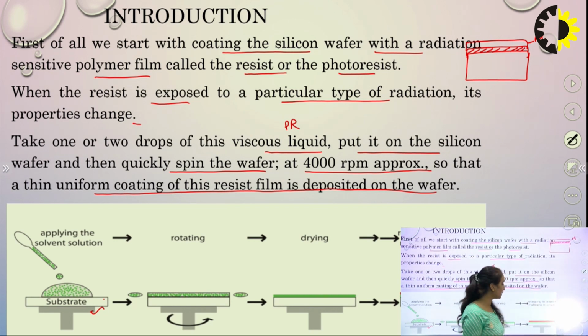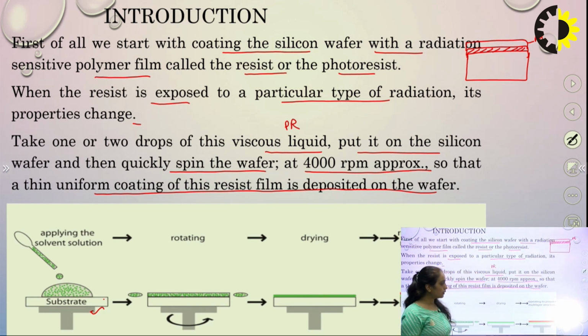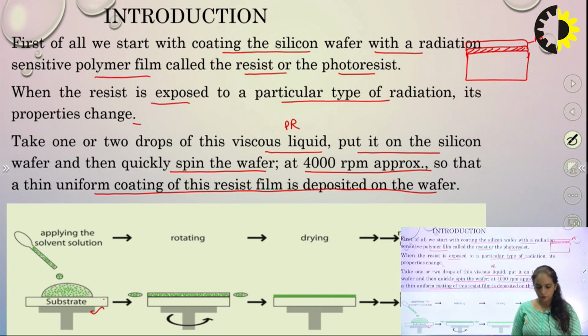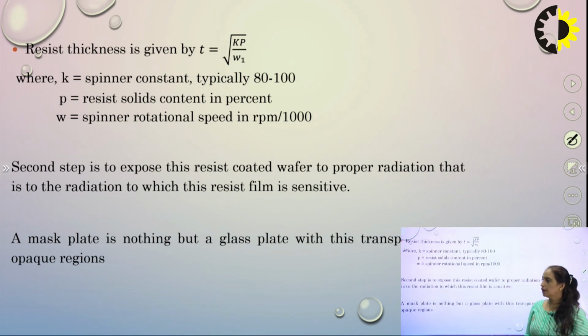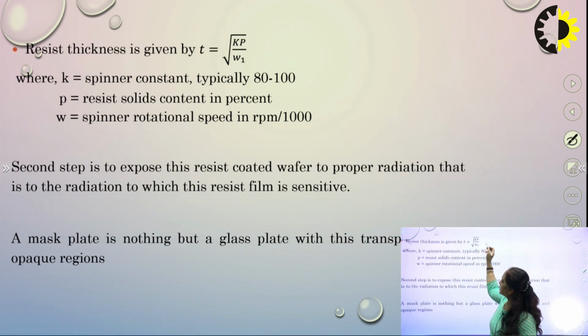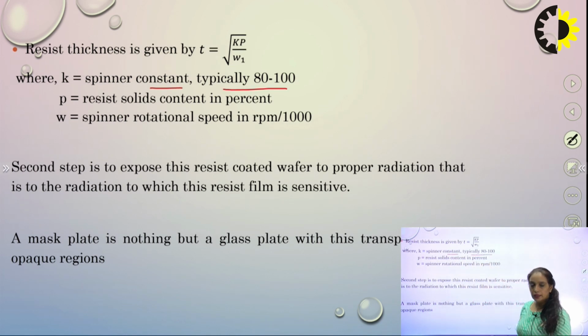After rotation, when it is applied over the substrate, it is dried, and then the process is repeated for the further processes. The resist thickness is given by the formula T is equal to square root of Kp divided by W1, where K is the spinner constant. It lies between 80 to 100.